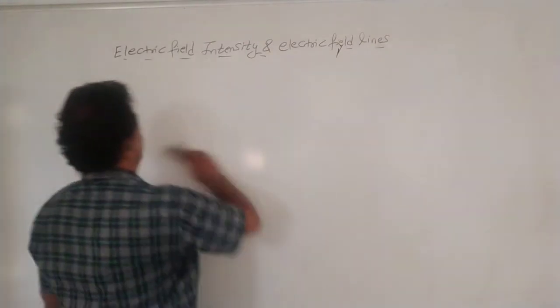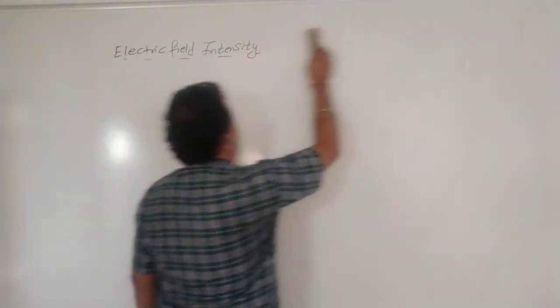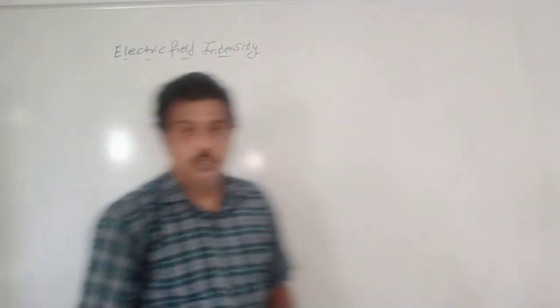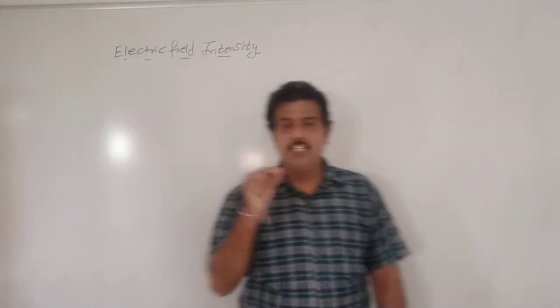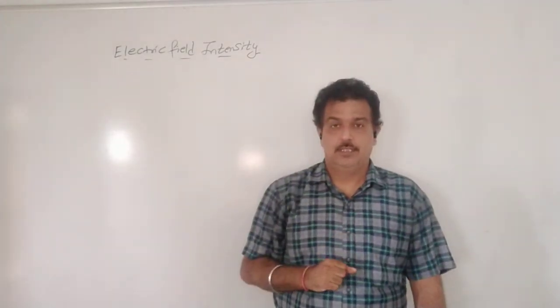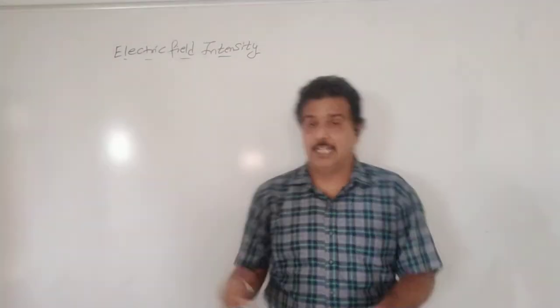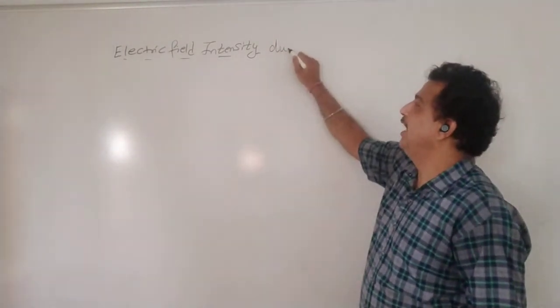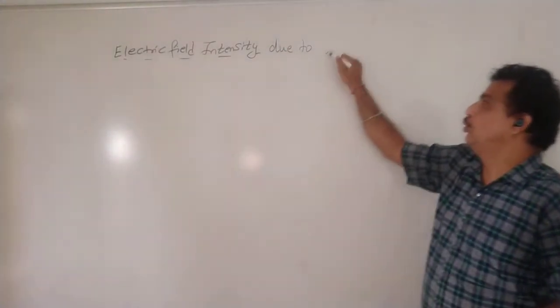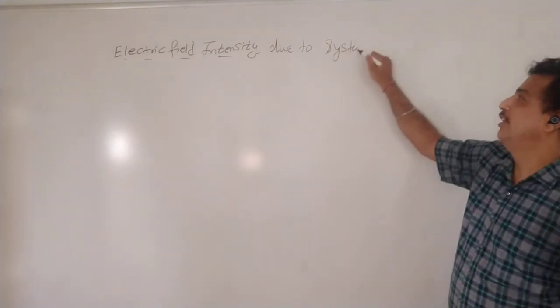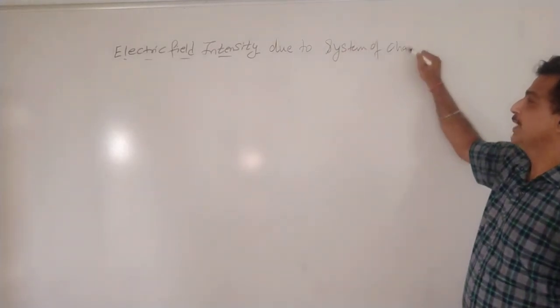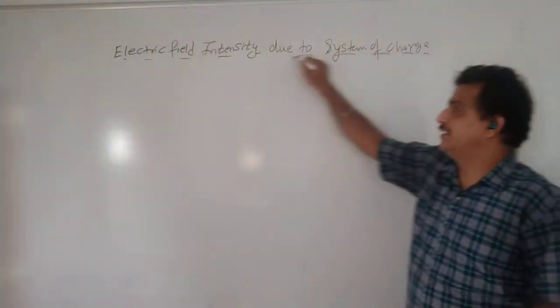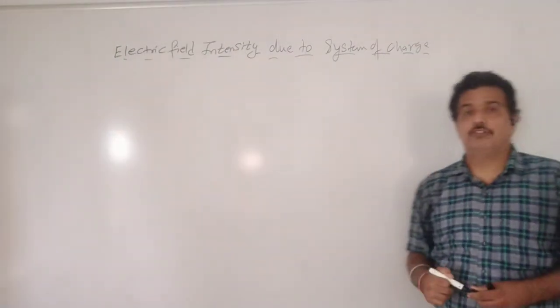Now we have studied the electric field intensity of a single source charge. In the next lecture, we will be discussing the electric field intensity due to system of charges. So we will discuss this due to system of charges.